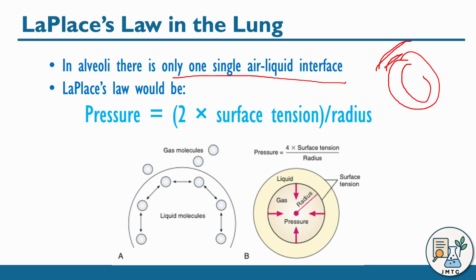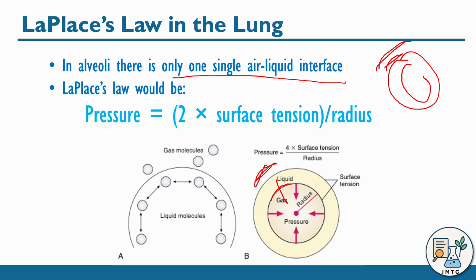Pero sa alveoli, isa lang. Wala tayong dito sa labas, outer parts. Inside lang tayo. So, meron lang tayong liquid and air interface dito sa loob. So, instead of 2 surfaces, isa lang yung surface natin.